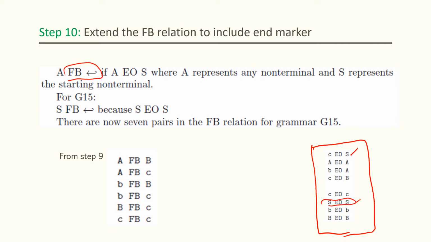Step 10 says to extend. Extend means to add another followed by. The followed by that we got from step 9 is only 6. Now we add another one, which is S FB S. So now we have 7 followed by all together from step number 10.